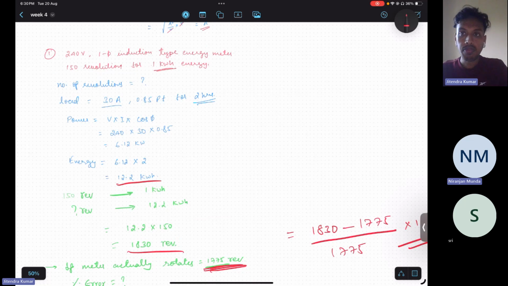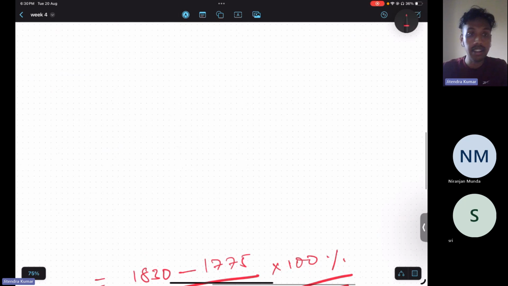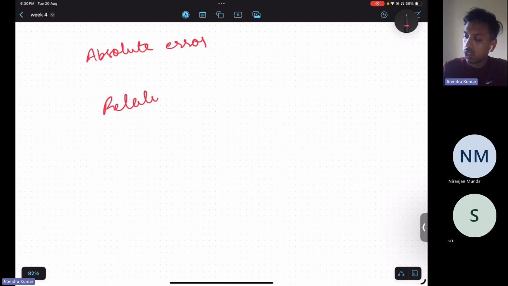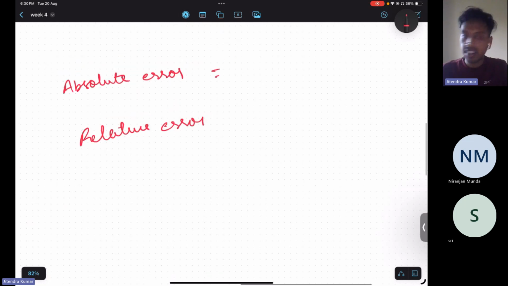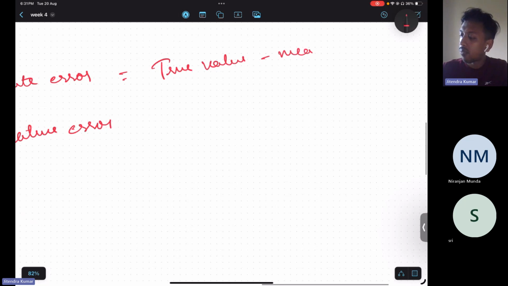There are two most widely used terms related to error. One is absolute error and the other is relative error. Absolute is very straightforward: how much is the true value and how much is the measured value.